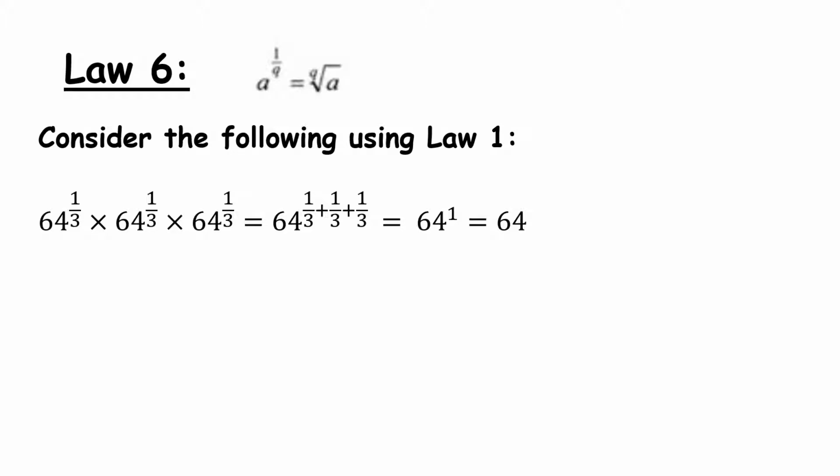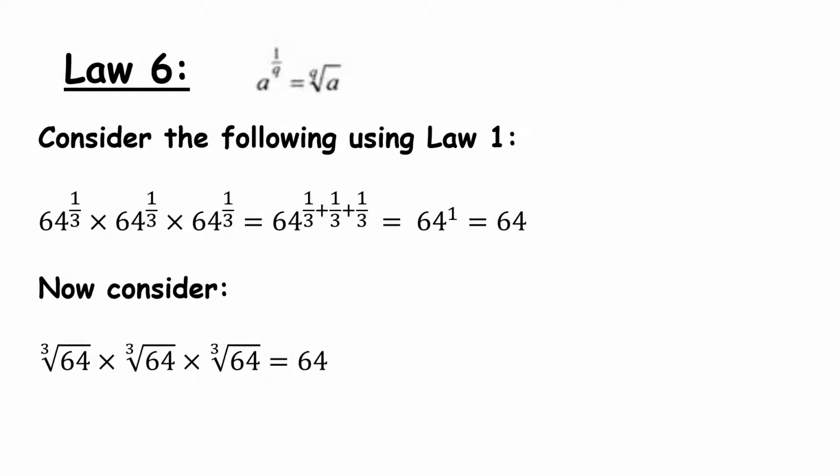So it's very hard for us to understand what a power of a third actually means. But let's take a look at the second part of this example. So let's say we had the cubed root of 64 multiplied by the cubed root of 64 multiplied by the cubed root of 64. This would simply give us 64 as well.